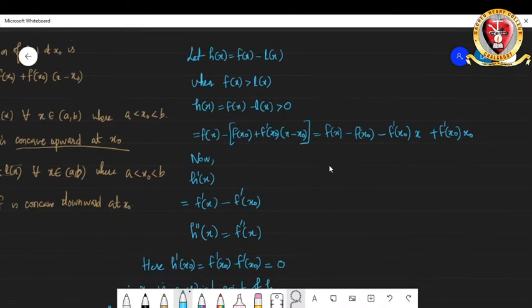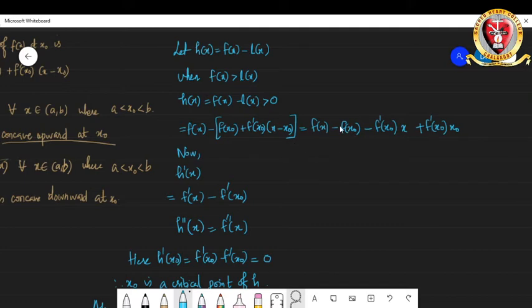When you open the braces, you get that to be equal to f of x minus f of x naught minus f dash of x naught into x plus f dash of x naught into x naught.